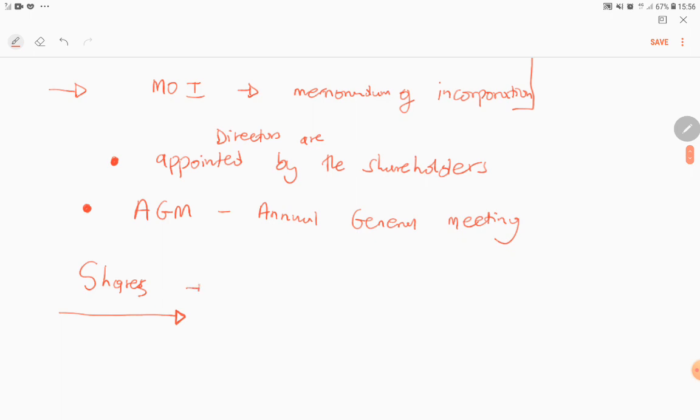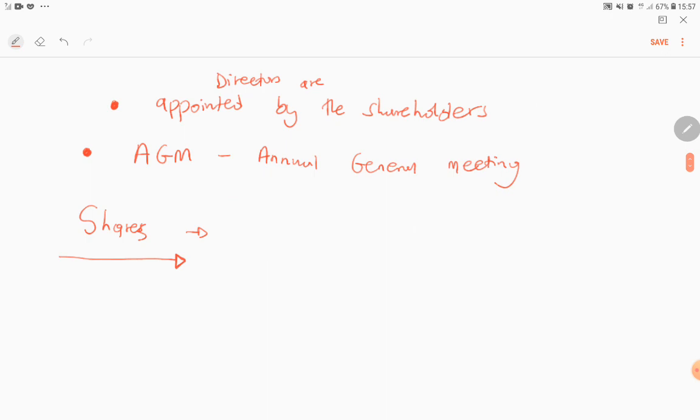Shares are a form of ownership. They represent the ownership of the shareholders in the company. Shares represent ownership by shareholders.